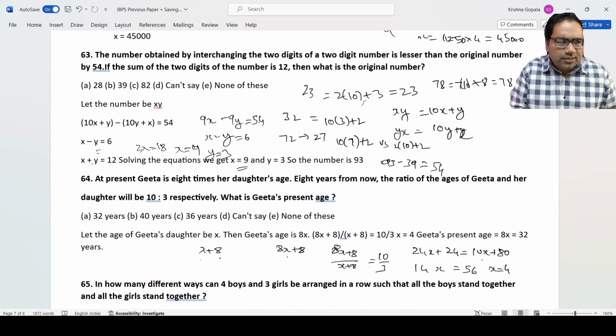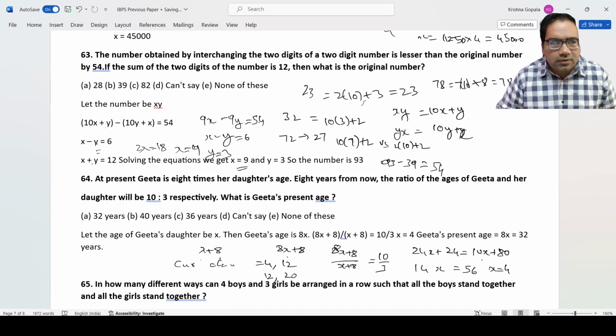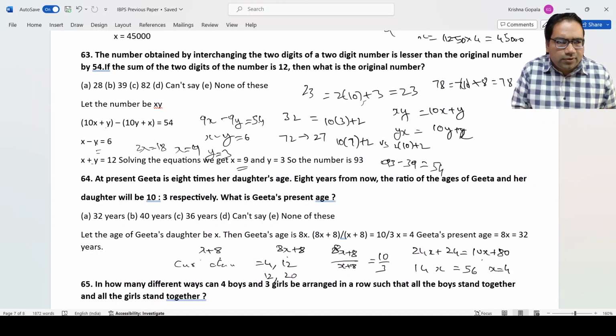So the current age of the daughter is 4. Sorry, Geeta's age would be 8 times that of the daughter, so 8 times 4 is 32.